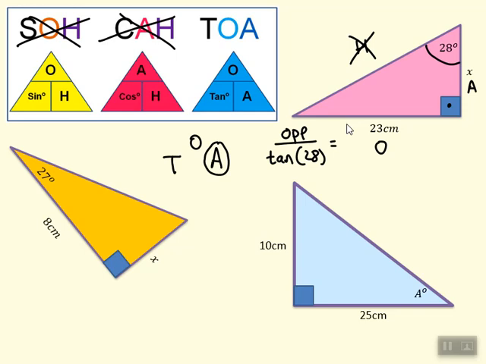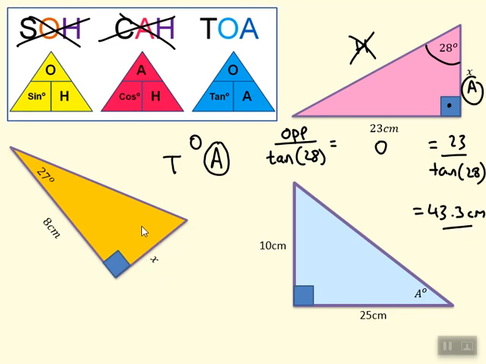What's the opposite side? Let's write it in here. So the opposite side is 23 divided by tan 28. So 23 divided by tan, open bracket, 28, close bracket, comes out to 43.3 centimeters. So that's how long the adjacent side is.